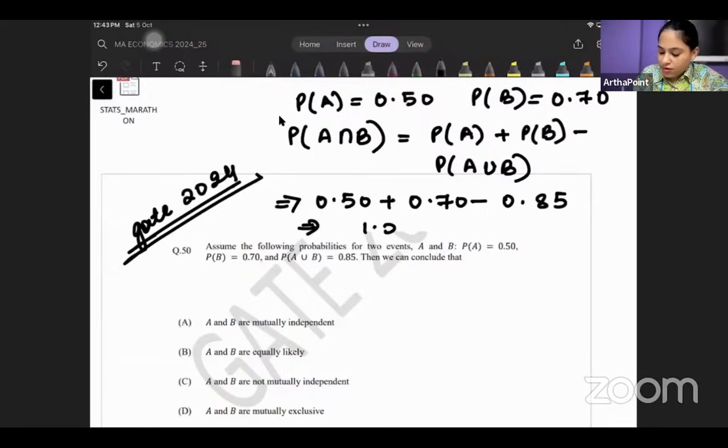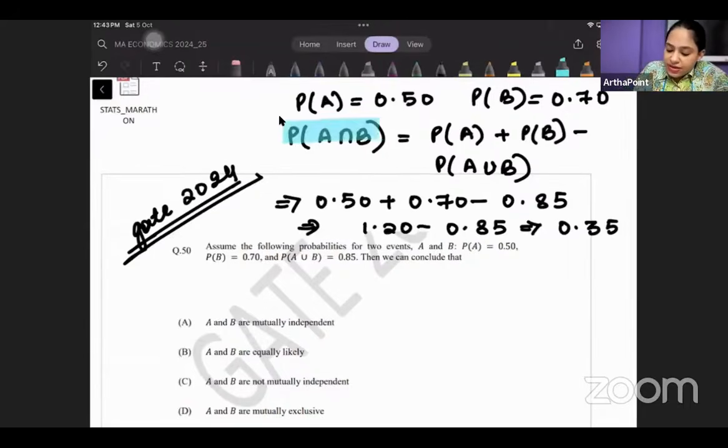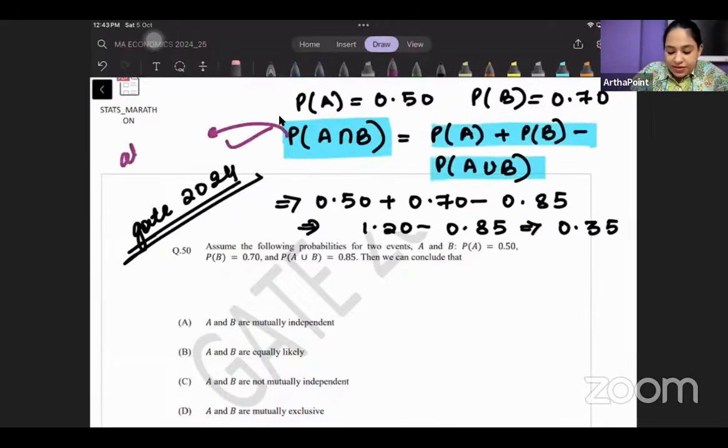This is going to be 1.20 minus 0.85. This is going to be 0.35. Also, did any one of you check the other options? You need to check them. It can be an MSQ question, right? So this is probability A intersection B from this formula. This formula is always valid. ये हमेशा ठीक होगा formula. Always valid.